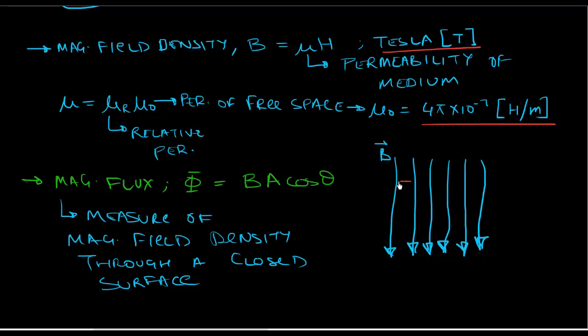So let's take a circle and draw it around these three lines here. So the magnetic flux is all the magnetic field lines, so the measure of the magnetic field density passing through here. So for example, there are three lines through the surface, so we can say magnetic flux of 3 here. This is just a very layman way of explaining it, but I hope to just get the concept across to you.